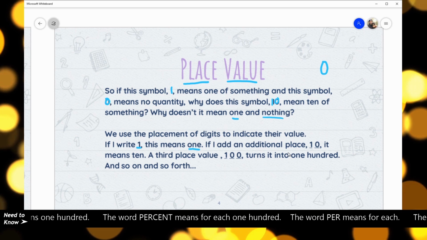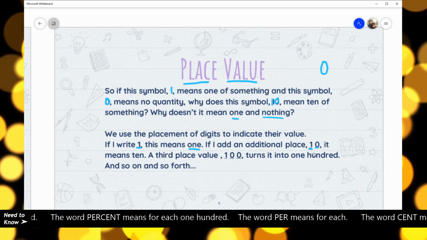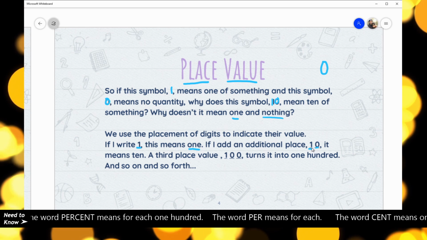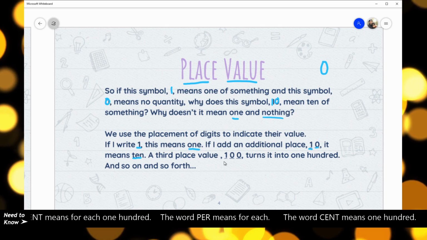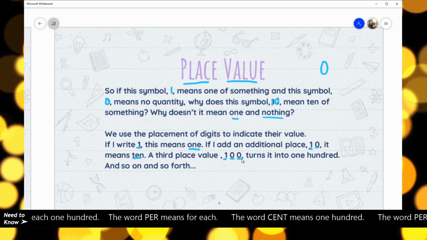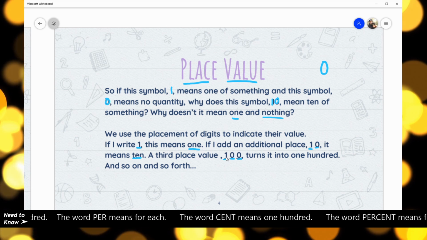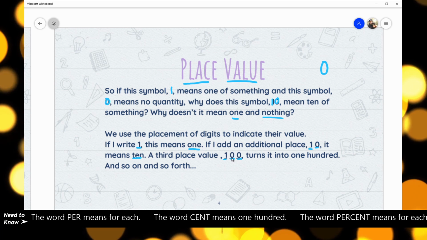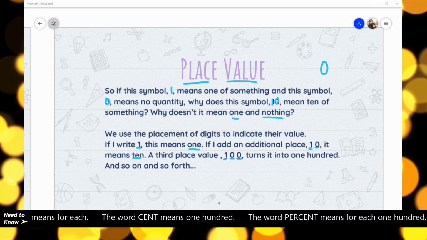However, if I added an additional place value, a 1, and then I put a 0 next to it, that digit 1 no longer means 1, it means 10. If I had a third place value, a 1 and 2 zeros, that third place value is worth 100. So that 1 is not 1, it's not 10, it is 100, and so on and so forth.